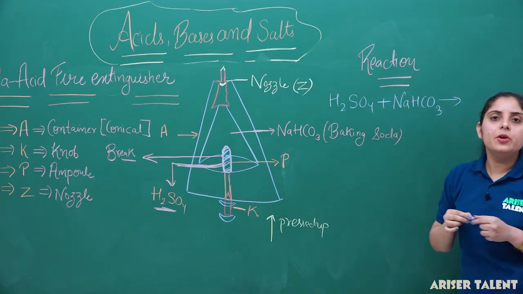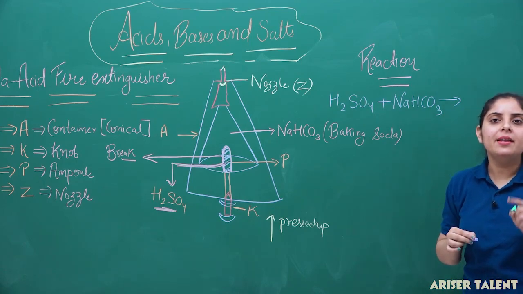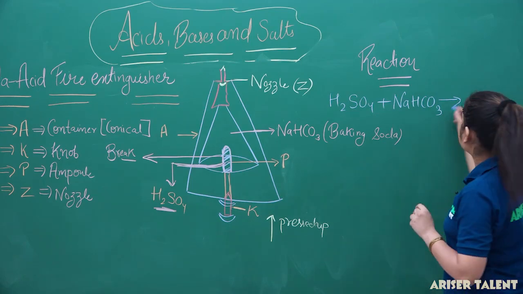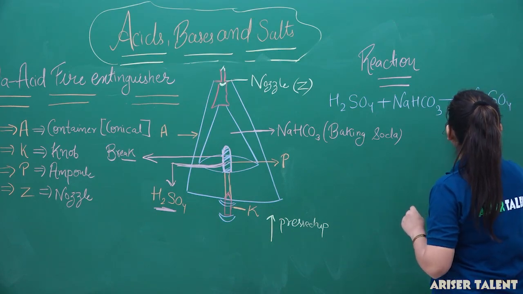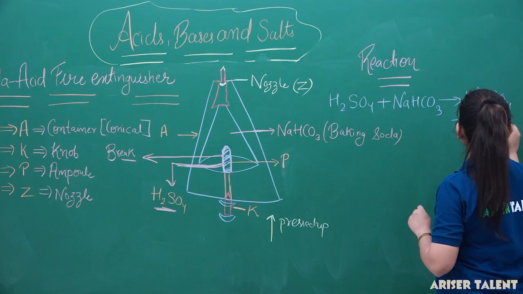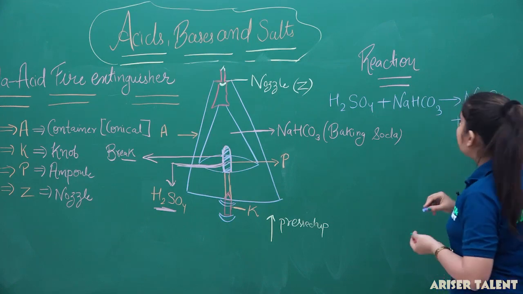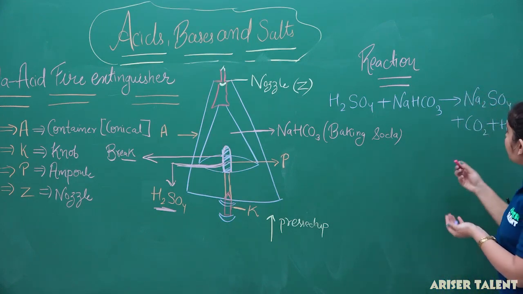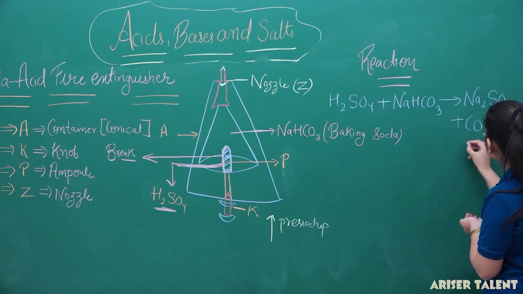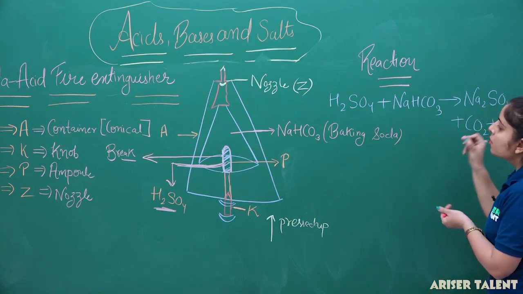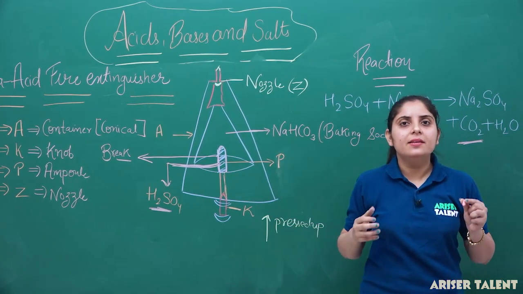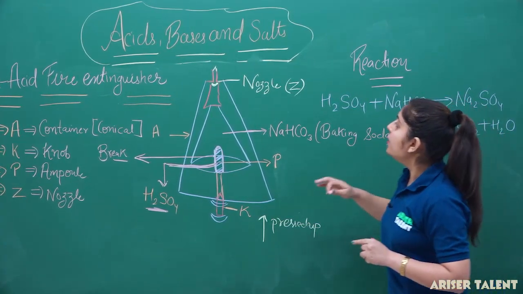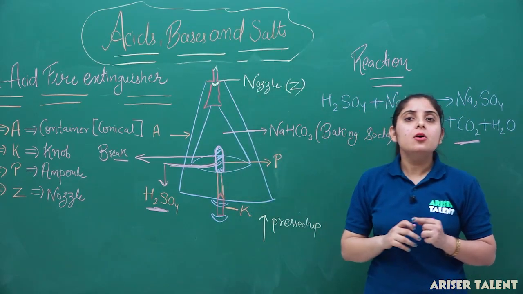What will we get on the product side? We will get sodium sulfate plus carbon dioxide plus water. So our products are Na2SO4 plus carbon dioxide plus water. Now you can easily see the product obtained, that is carbon dioxide, will be eliminated from this metallic container, or we can say the conical container, and start flushing out from the nozzle.